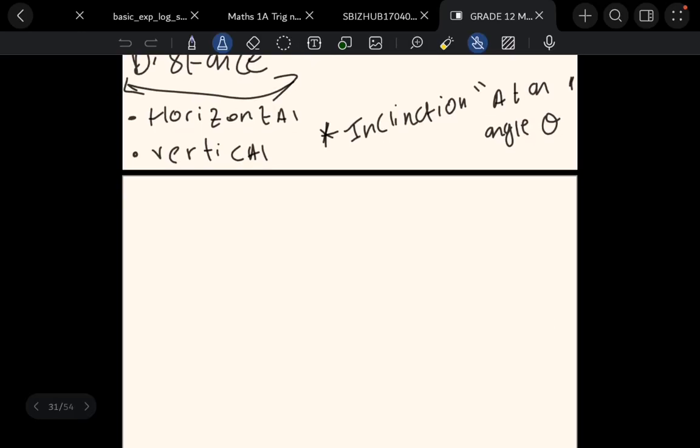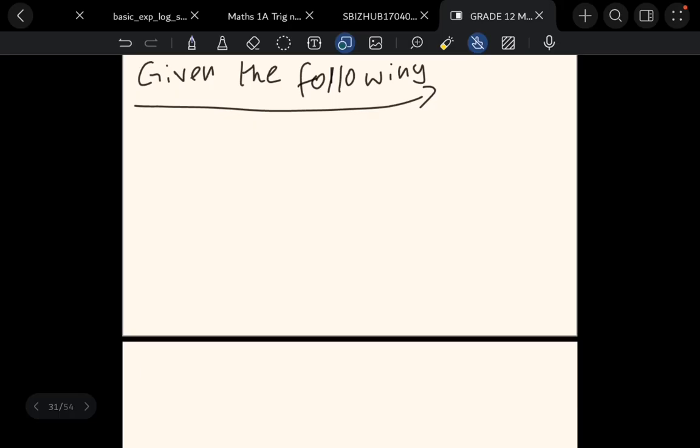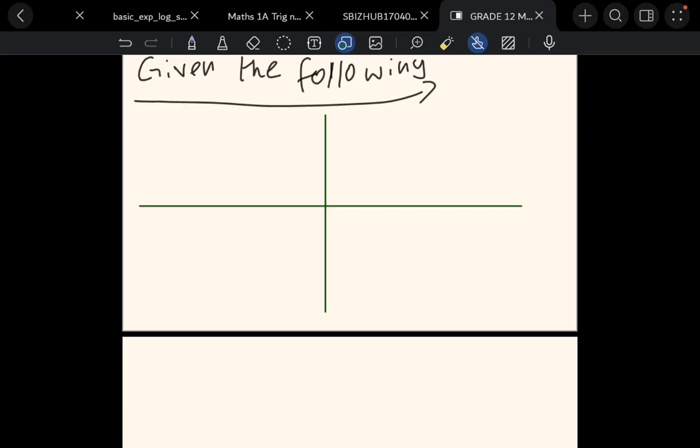Right. How do we calculate horizontal distance? Let us look at the following first. I am going to draw a Cartesian plane. We can agree that is y, that is x, right?